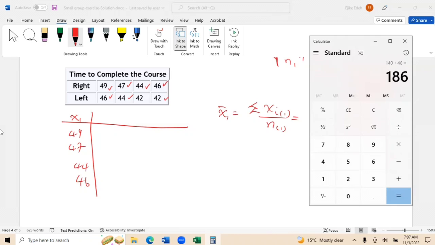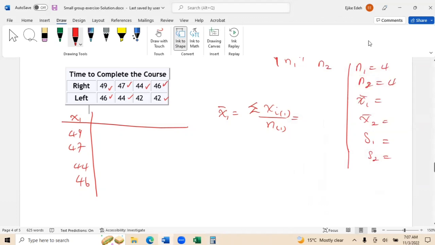Let me do this again for clarity: 49 plus 47 plus 44 plus 46 is 186. So that is my sum there.